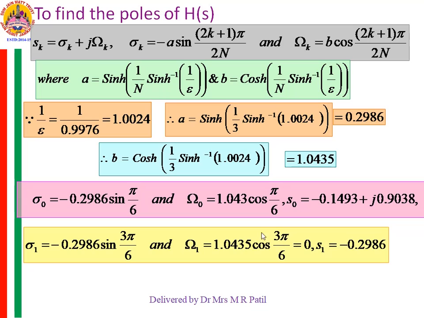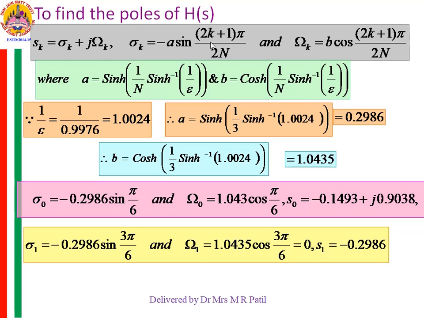The imaginary term is 0 here, because omega 1 you get 0. Here cos 3 pi by 6 is cos pi by 2, so cos pi by 2 is 0. Therefore omega 1 is 0. Sin pi by 2 is 1, so sigma 1 is minus 0.2986. Next you substitute K is equal to 2.